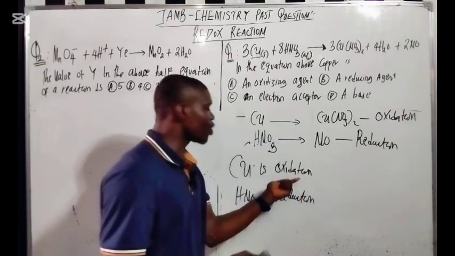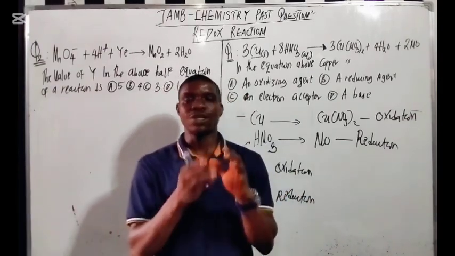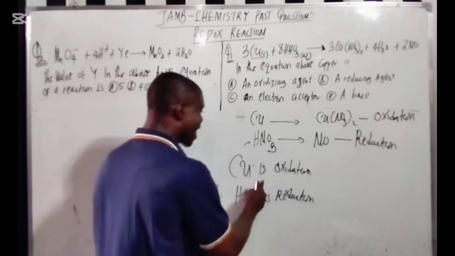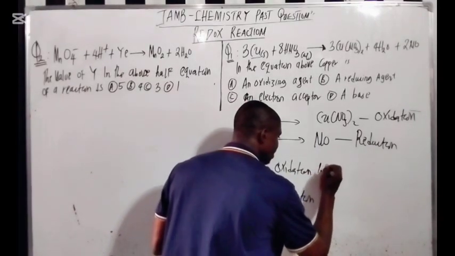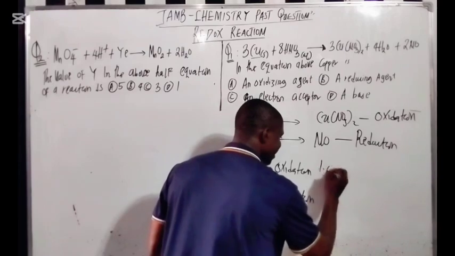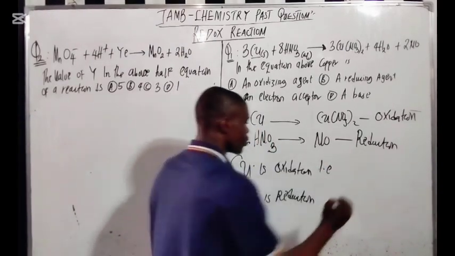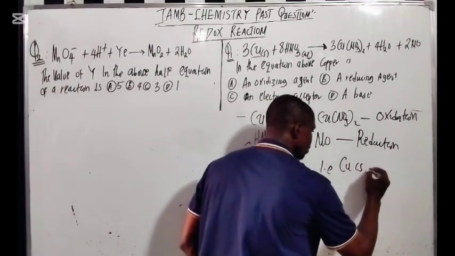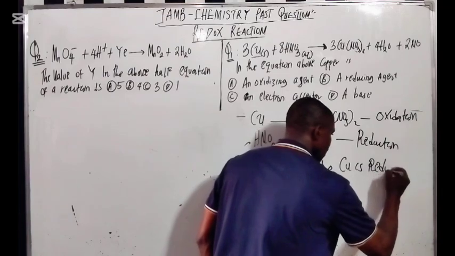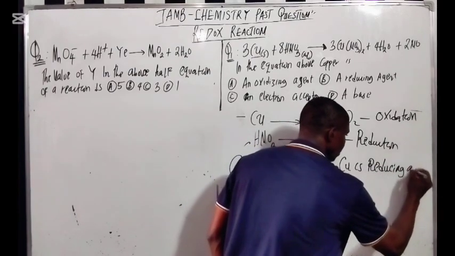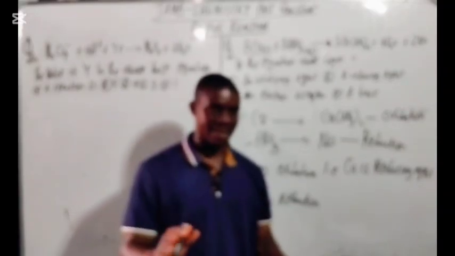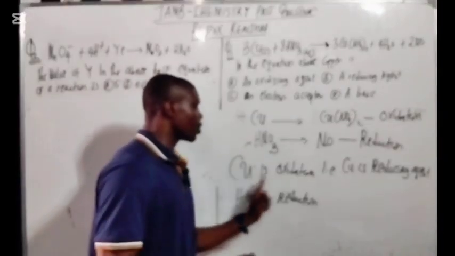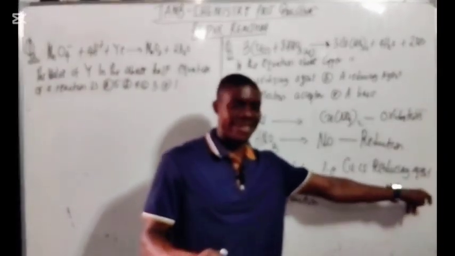I told you that oxidation is the same thing as the reducing agent. So Cu is oxidation, therefore Cu is the reducing agent. That is it.